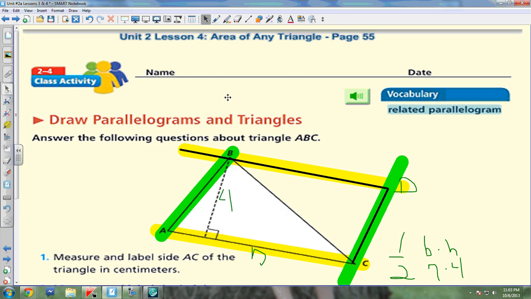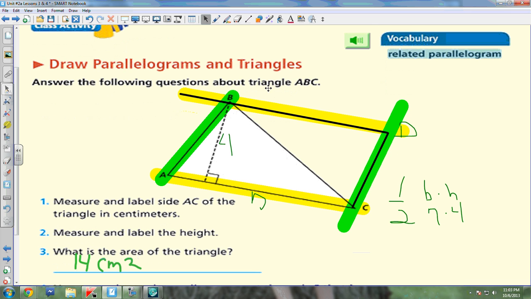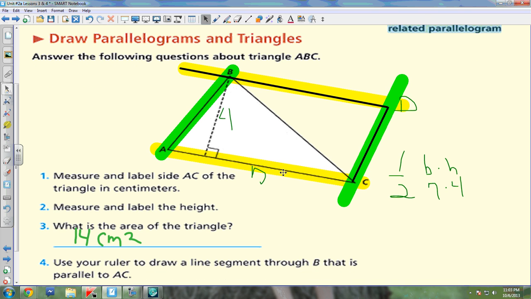Let's go ahead and jump to page 55, and it says answer the following questions about triangles A, B, C. It says measure and label side AC of the triangle in centimeters. So it looks like I had jotted down here that that's a 7 there. So A to C is 7, and then from B to here, which would be your height, would be 4.